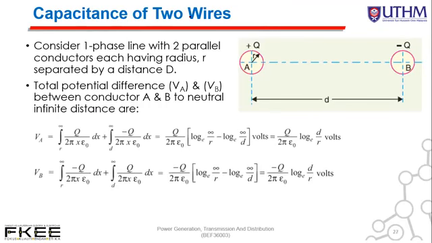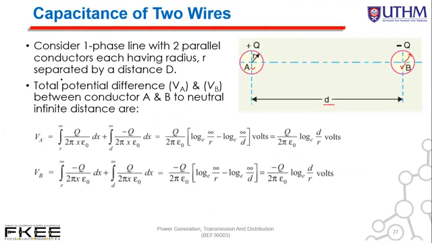Let's see the capacitance of two wires. Consider a single phase line with two parallel conductors, each having radius R, separated by a distance d. We have conductor A and conductor B here, both with the same R, and with a distance d.